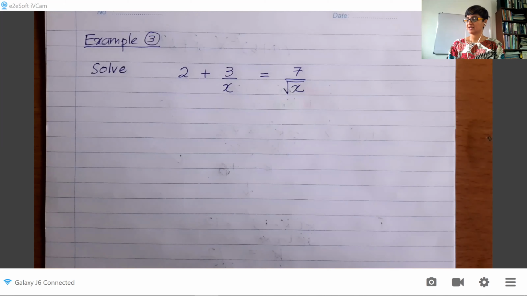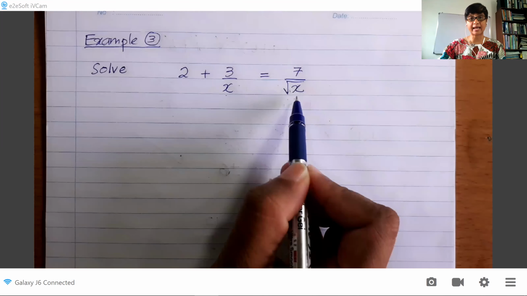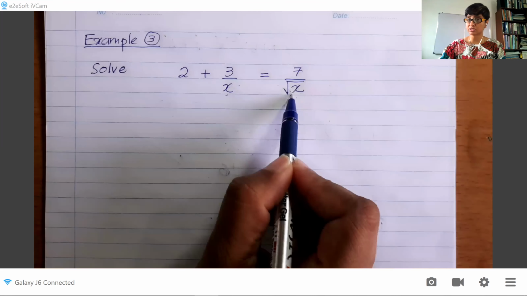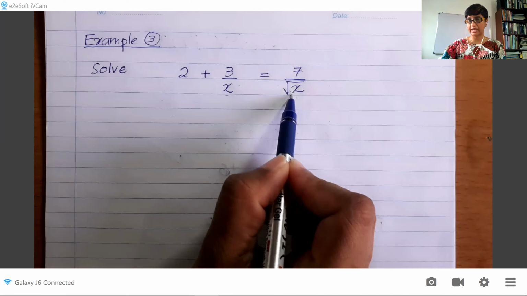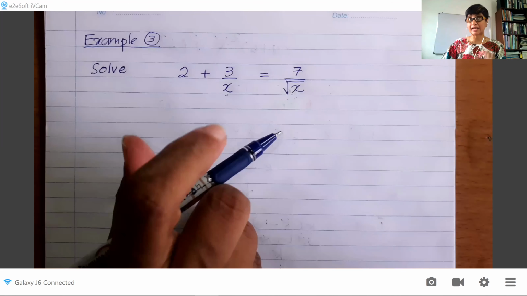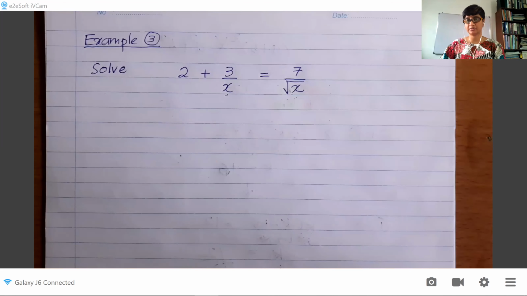So let's try. What do you think we can do first? In any equation, when you have fractional terms, you get rid of the fractional terms. I have a fractional term here where the denominator is x, and here the denominator is root x. I need to multiply the whole equation by something to get rid of that.